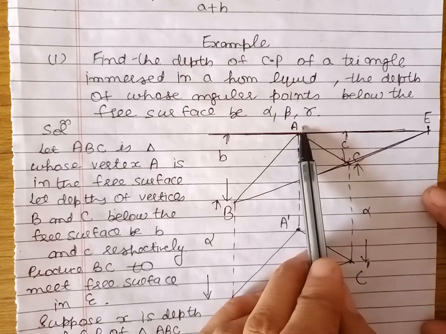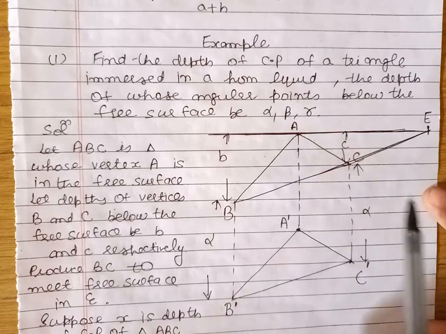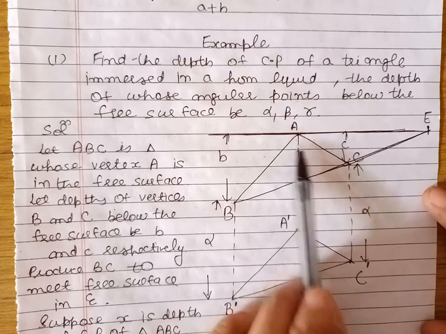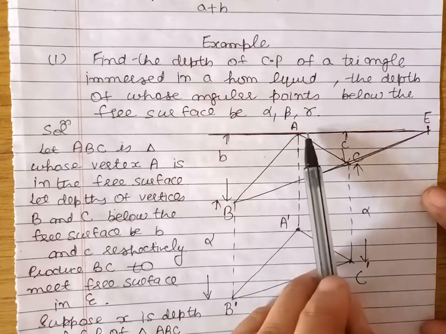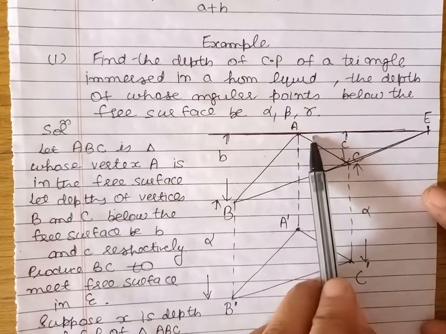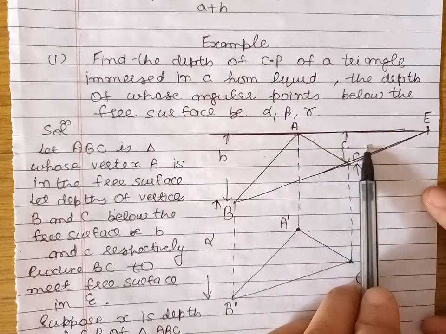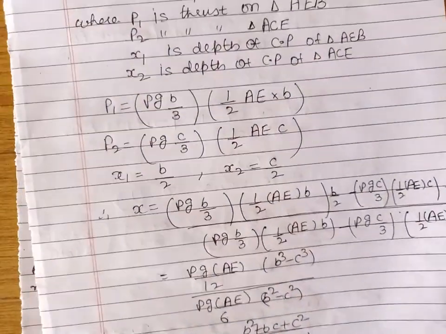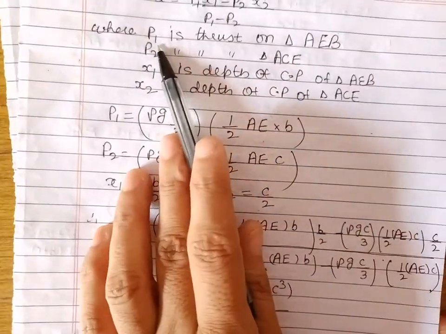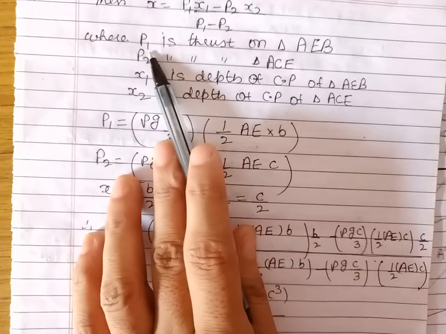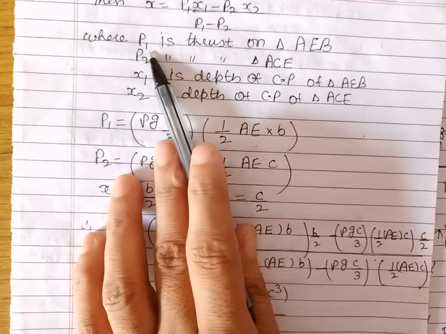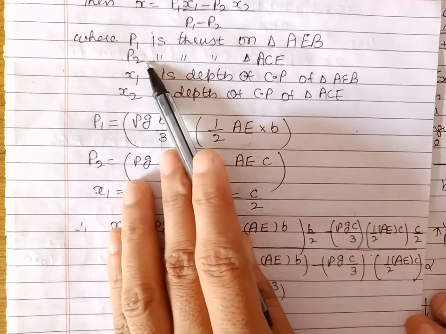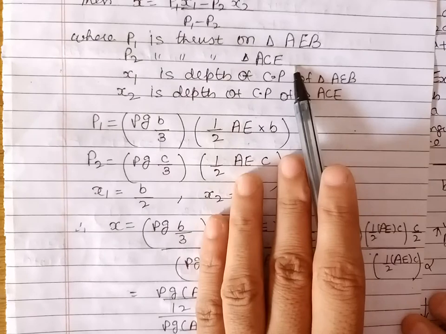So for this we will have to find the value of thrust on the whole triangle and the depth of its center of pressure, then the thrust on this triangle and the depth of center of pressure of this triangle. So we are to find four values. Let us take P1, the thrust on the whole triangle, full triangle AEB, and P2 the thrust on the triangle ACE.